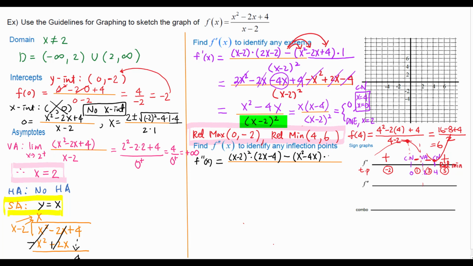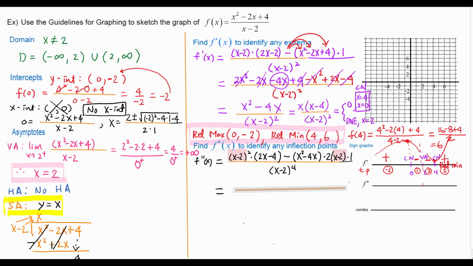Derivative of the bottom is 2 times quantity x minus 2 to the first power times the derivative of the inner function, but the derivative of the inner function is just 1, over the square of the below. I have a quantity x minus 2 squared before, so when you square that, I get quantity x minus 2 to the power 4.